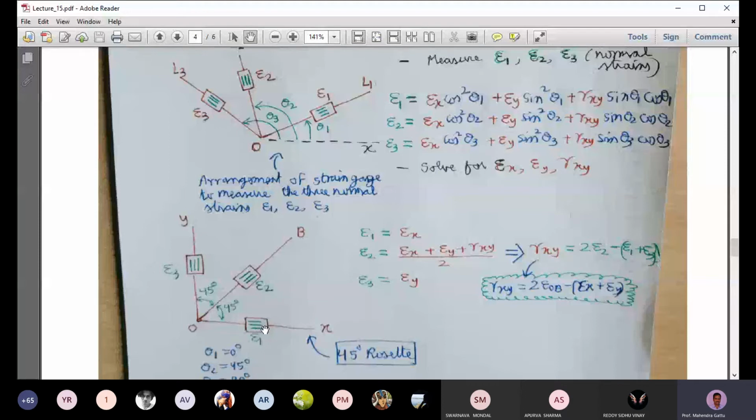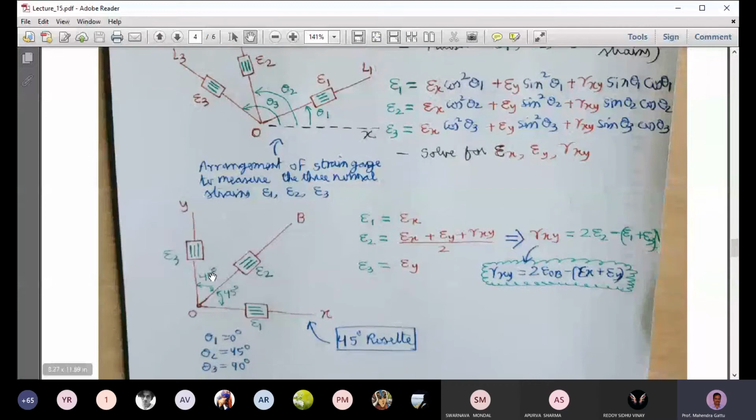Similarly, for theta 3 of 90 degrees, cos 90 is 0, so the gamma xy term vanishes and epsilon 3 equals epsilon y. We are directly measuring the strain in the y direction.